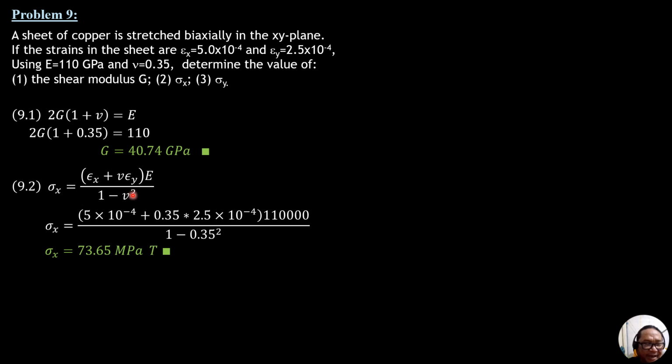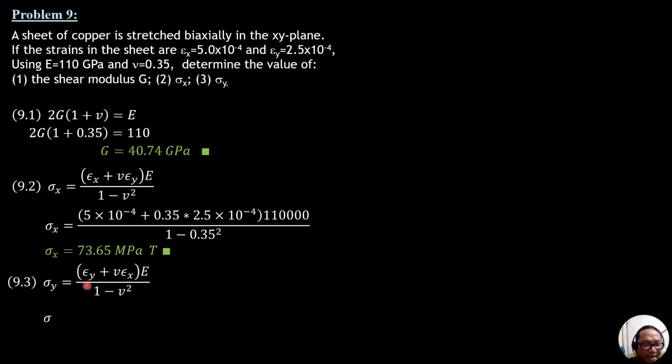Then for sigma y, we just pattern this formula. So sigma y equals quantity strain y plus Poisson's ratio times strain x, times E over 1 minus V square. Substitute.